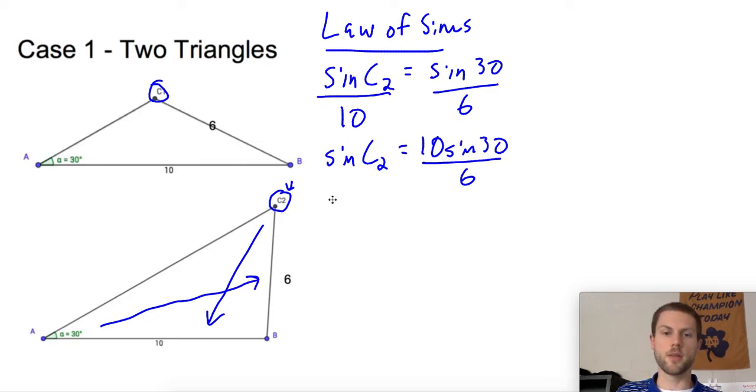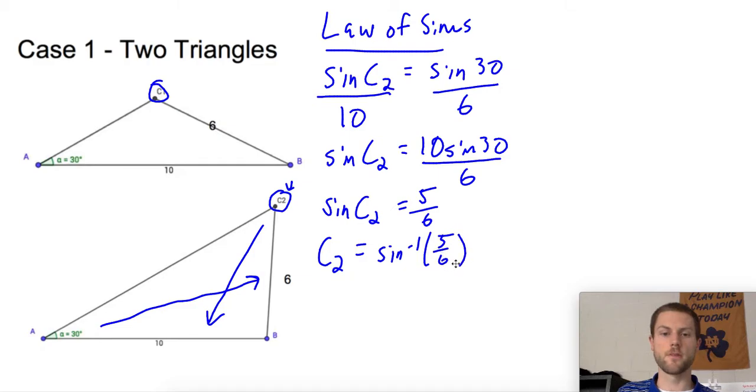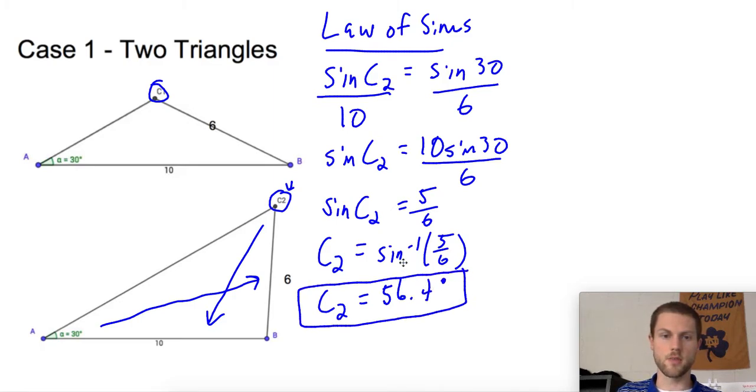Once I punch that in my calculator, the sine of C2 is going to equal 5/6. If I take the inverse sine of both sides, C2 equals the inverse sine, or arc sine, of 5/6. Punching that into my calculator, I get C2 equals 56.4 degrees. And that is my C2 acute angle.